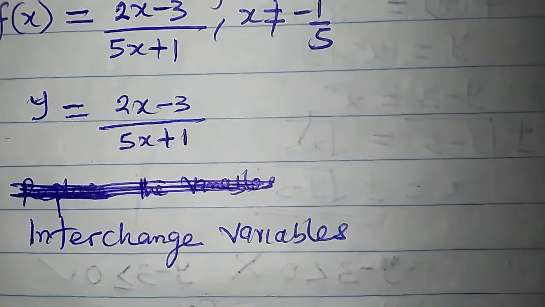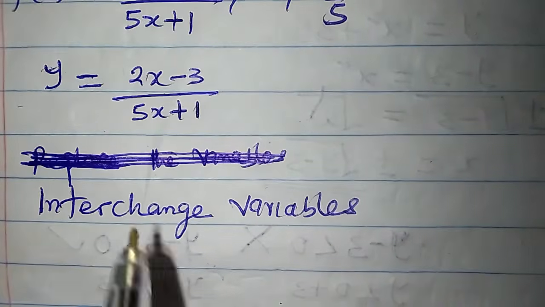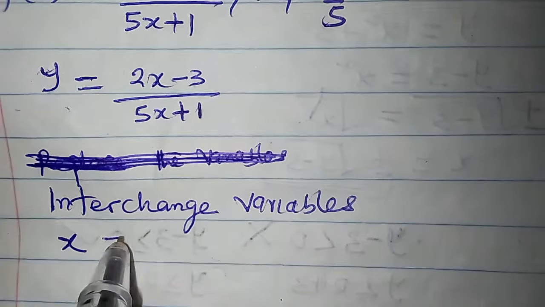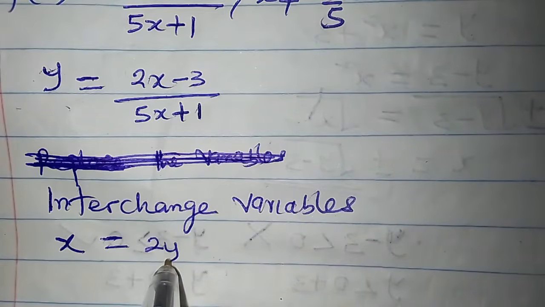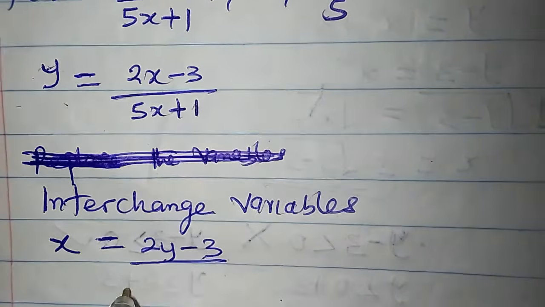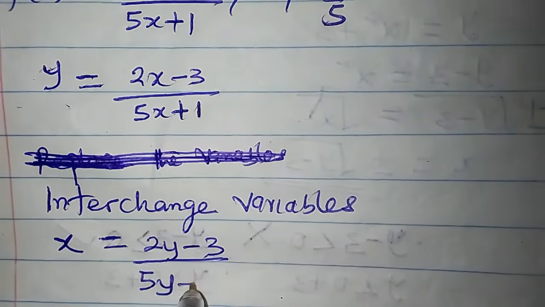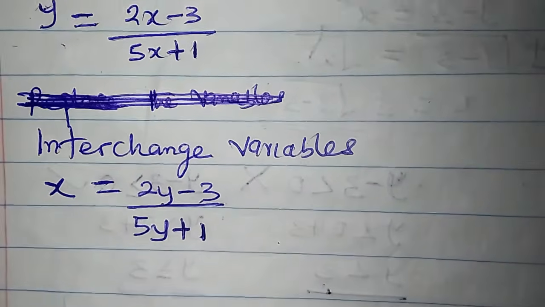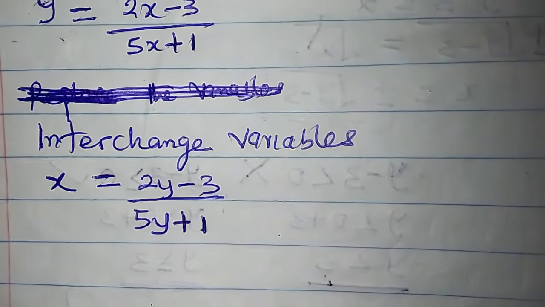In place of x, put y. So this will now be x is equal to 2y minus 3 all over 5y plus 1. Okay? So we will now make y the subject of the formula.